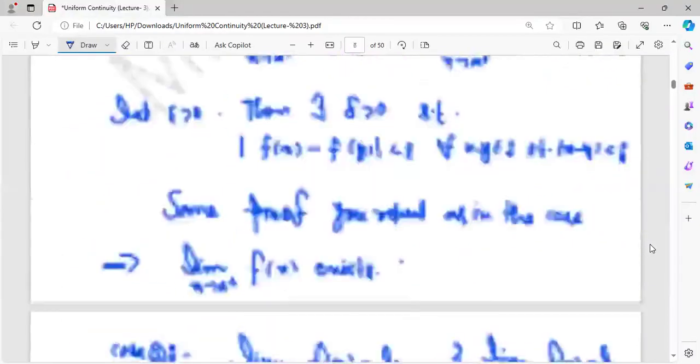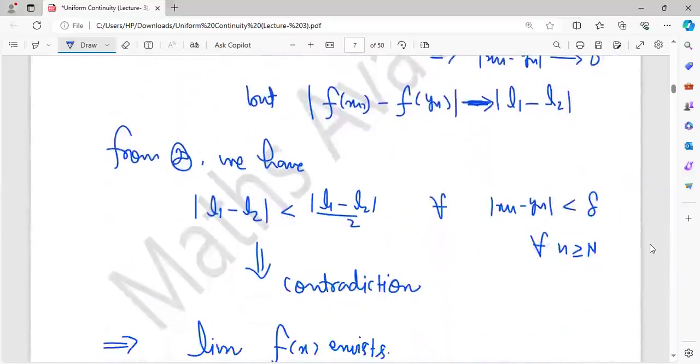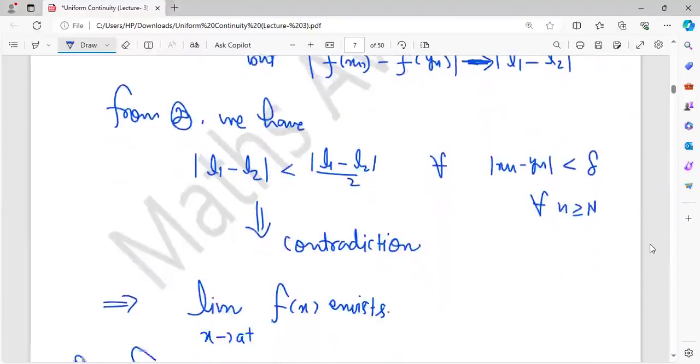So we can take F naught equal to G. In the question I defined the notation F naught, but in the proof I have taken G. So do not confuse: my G is actually F naught.